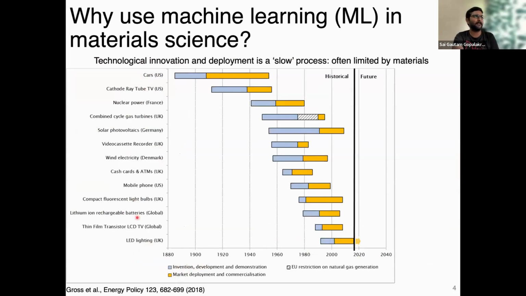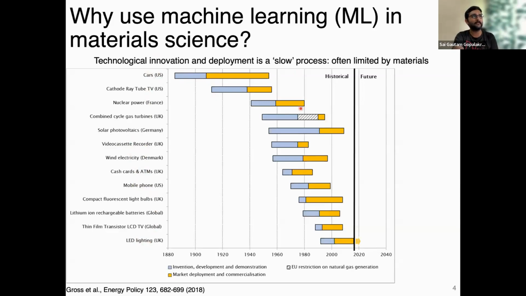And these are a fairly wide set of technology areas. So you think about classic technologies like cars, modern ones like mobile phones. I don't know how many of you still use video cassettes. I mean, these were a big thing in the 90s and the early 2000s, right? So those are a big technological area. And LED lighting, which is relatively recent, which has entered most of our homes in the form of televisions, right?